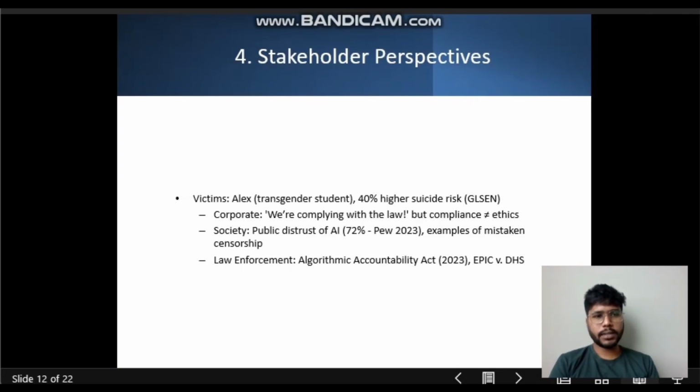Now it's time for the societal perspective. Public trust in technologies is fragile. As I remember, in 2023, a security study found that 72% of Americans distrusted AI systems to make fair decisions.